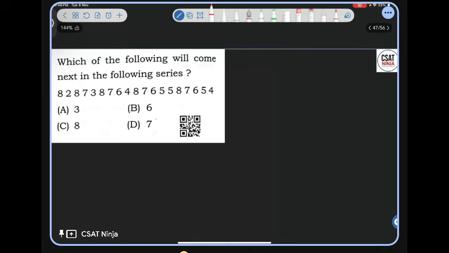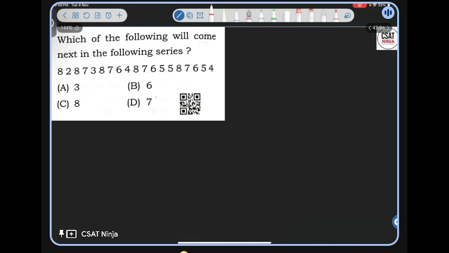Okay. Next question is, which of the following will come next in the following series? Okay, it's not a standard series, but it's a pattern kind of question. I see 8 repeating every time, so I can make it like this. This is the first term, and this is the second term, and this is the third.